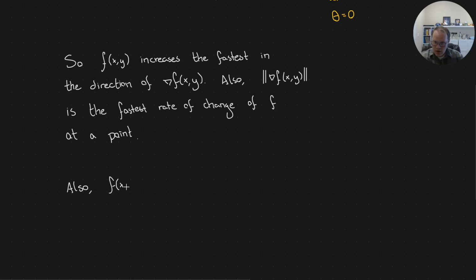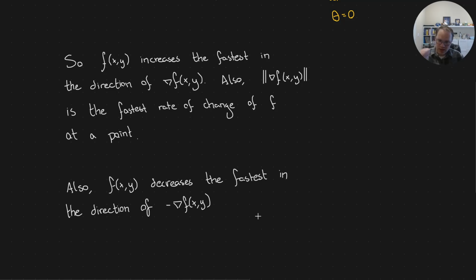Also, f of x y decreases the fastest in exactly the opposite direction. If I want to point exactly the opposite direction, I just take that vector and throw a negative in front, right?